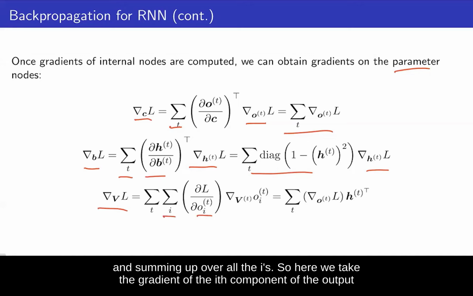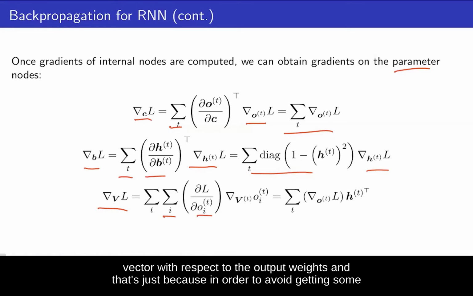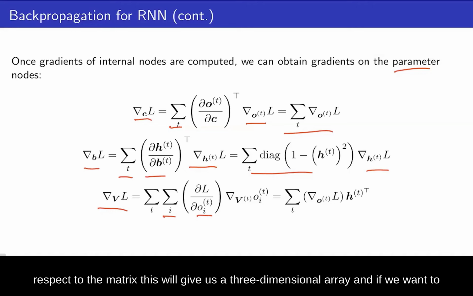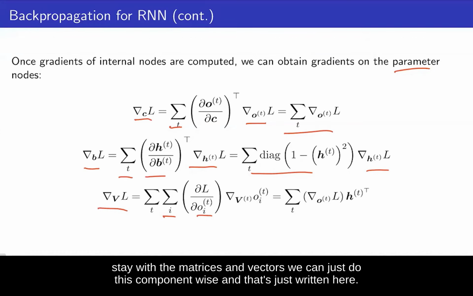So here we take the gradient of the ith component of the output vector with respect to the output weights. And that's just in order to avoid getting some three-dimensional arrays here. So if we would take this gradient of the full vector with respect to the matrix, this will give us a three-dimensional array. And if we want to stay with the matrices and vectors, we can just do this component-wise, and that's just written here.